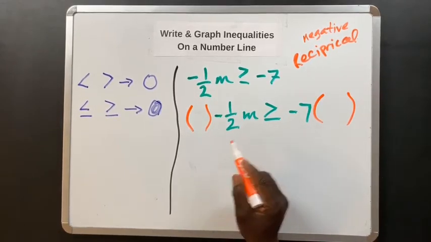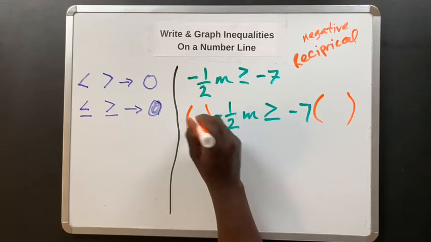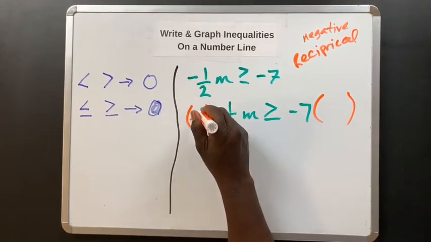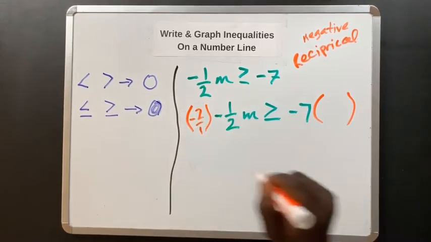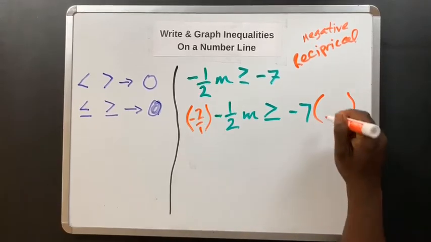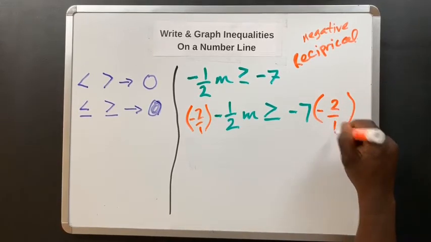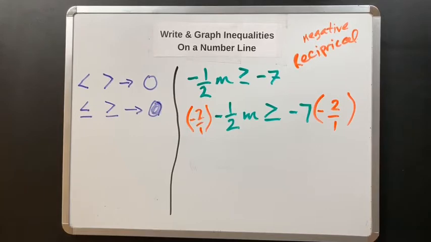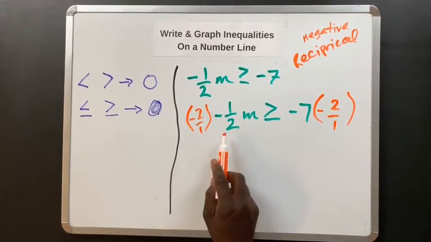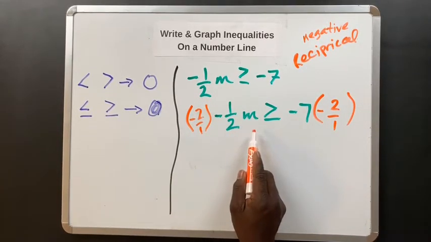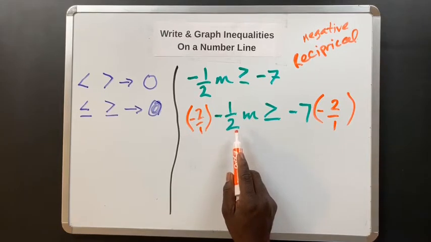So we say negative. And what's the reciprocal of 1/2? 2/1. So I multiply this side by -2/1. Why did I use negative? Because a negative times a negative is going to give me a positive. Okay? And I want that coefficient of m, that 1, to be a positive 1.